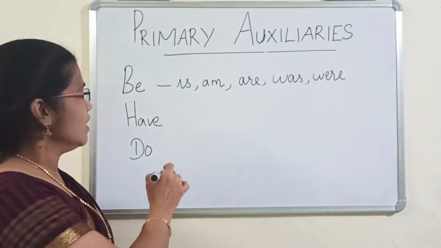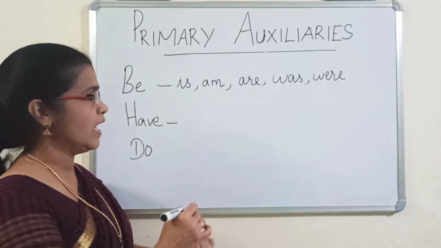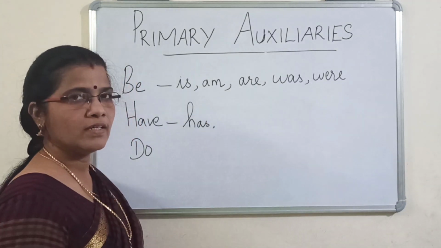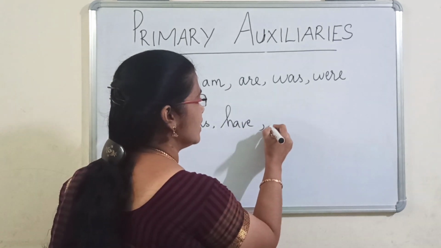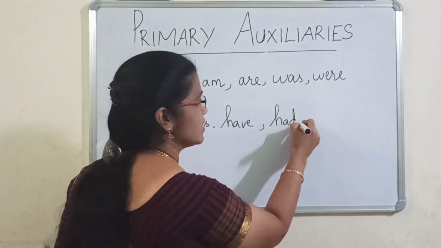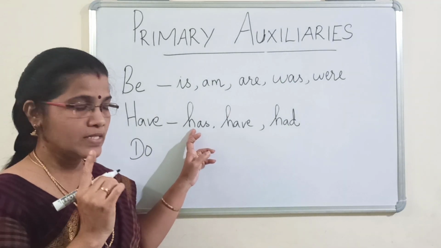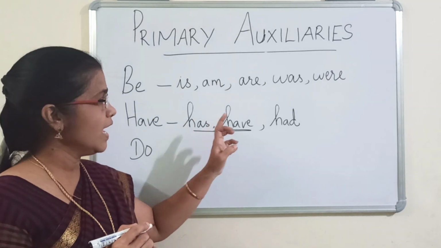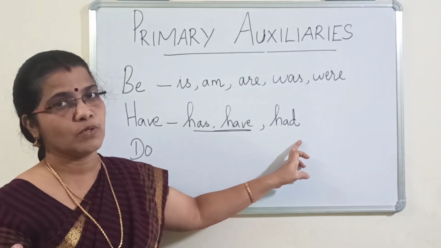Now let's move on to the next one, which is have. From have, let's start with singular. Has for singular, then have for plural, and then had for past tense. Remember, has is for singular present tense, and have is for plural present tense. Had is for past tense, both singular and plural.